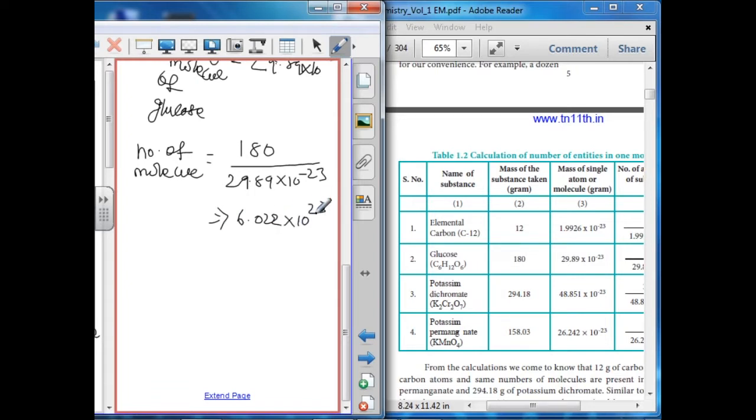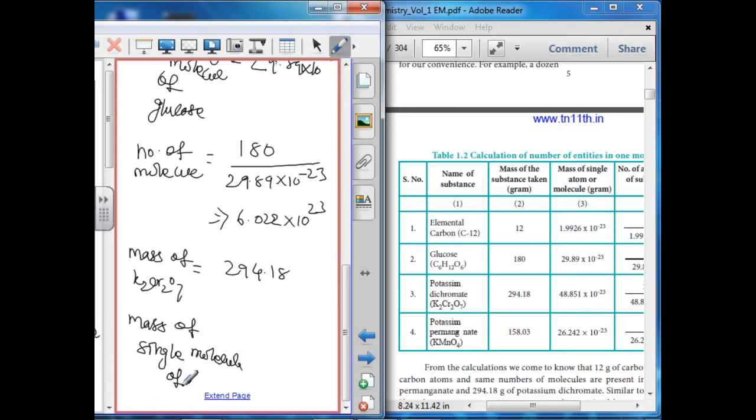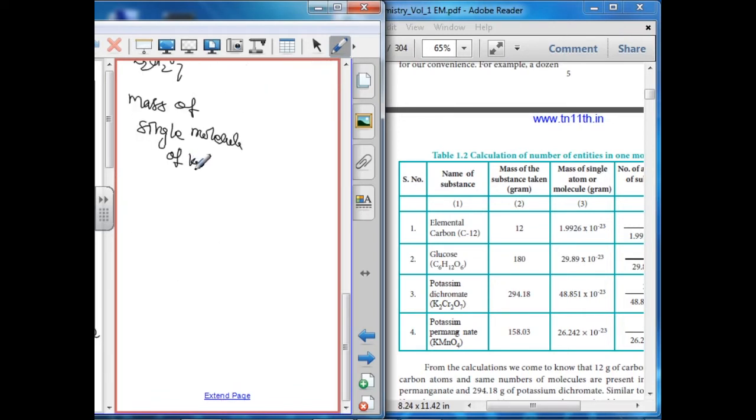The last one is potassium dichromate. Mass of K2Cr2O7 equals 294.18. Mass of a single molecule of K2Cr2O7 equals 48.851 into 10 power minus 23.